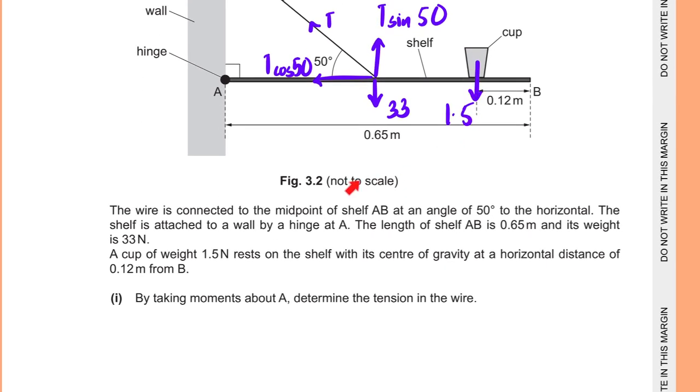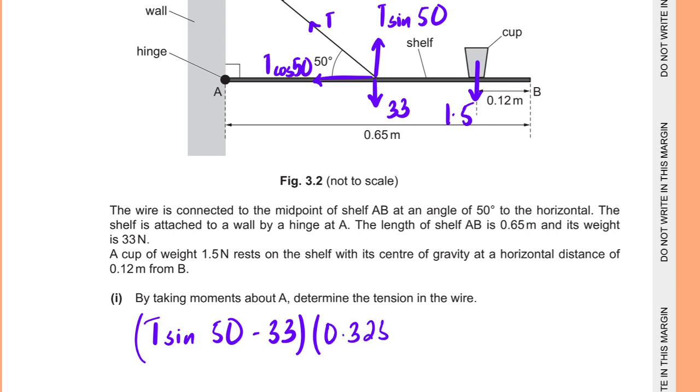If I look at this, this is producing a clockwise moment, and these two must be producing an anti-clockwise moment. For this to produce an anti-clockwise moment, I conclude that T sin 50 must be more than 33. So I write it like this: (T sin 50 minus 33) times its distance, which is half of 0.65, which is 0.325, equals 1.5 times this distance, which is 0.65 minus 0.12.